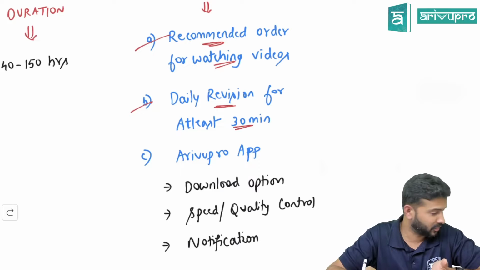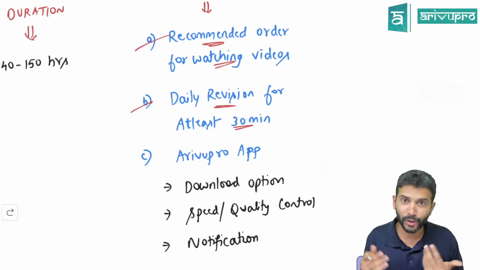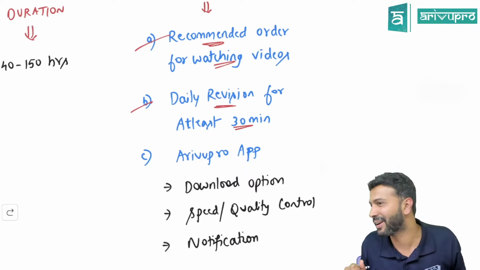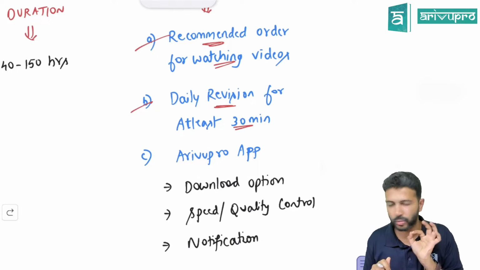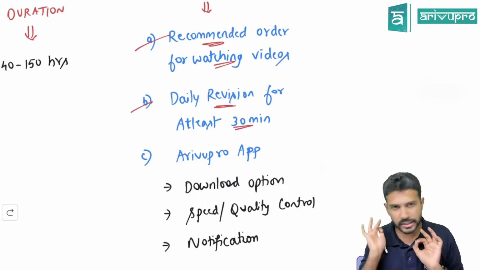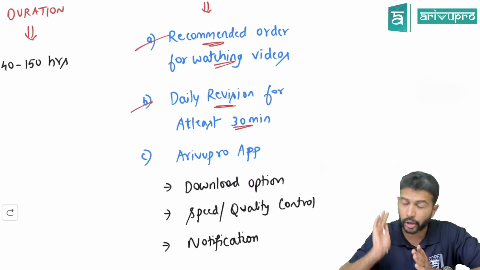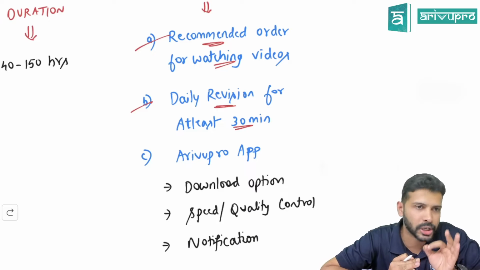So make sure that you pay a lot more attention to this revision. This is very, very serious, guys. This is an absolute must if you're serious about clearing your examination. And it goes not only for the accounts paper, but for every subject of CA.